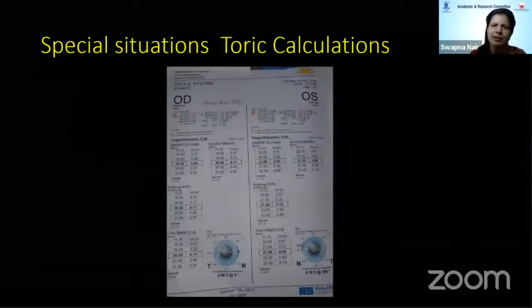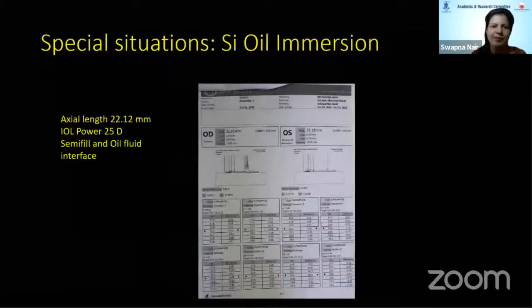Now, in Toric calculations, the Barrett Toric calculator has been incorporated into the calculators of nearly all the major companies that provide Toric IOLs, which itself is a testimony to the fact that it is a good formula, incorporating the posterior corneal astigmatism as well into calculations. You get the sphericity, the toricity, as well as the intraocular lens alignment that is required using this calculator.